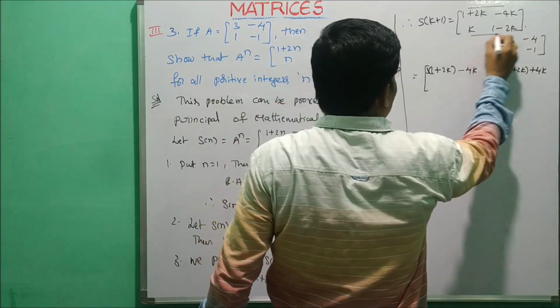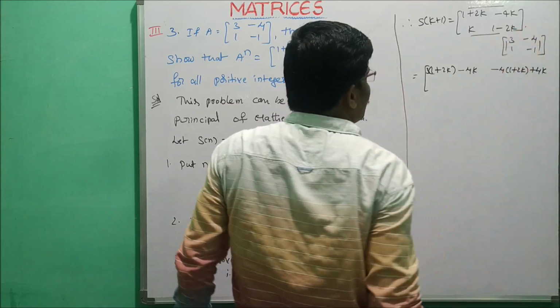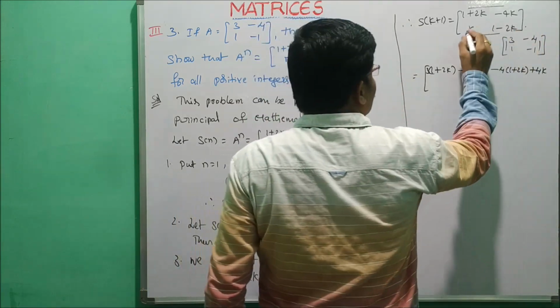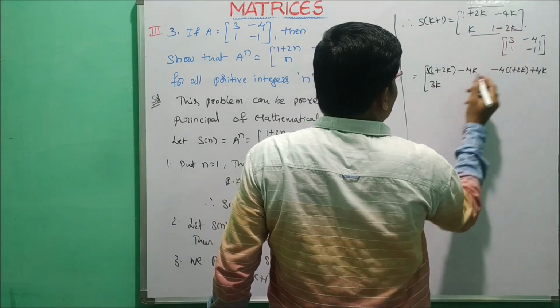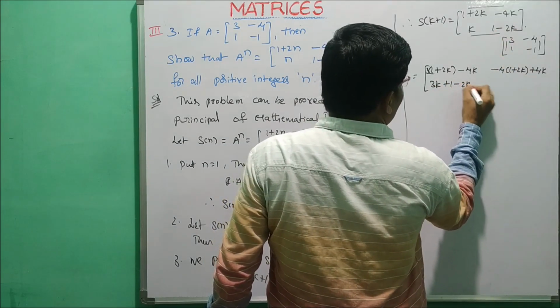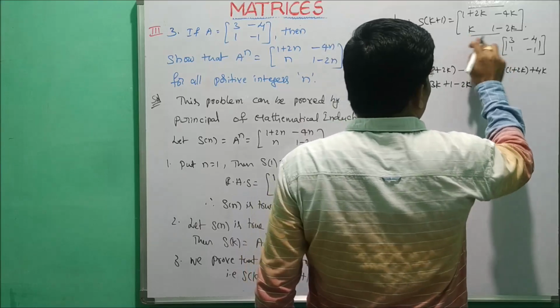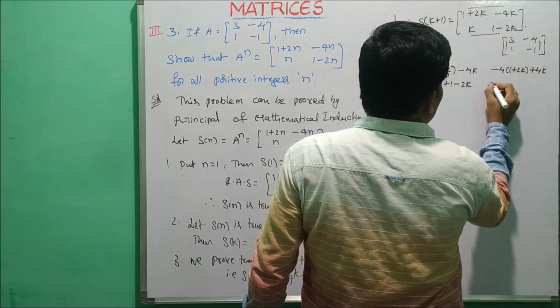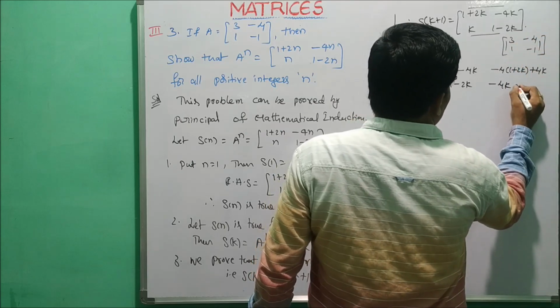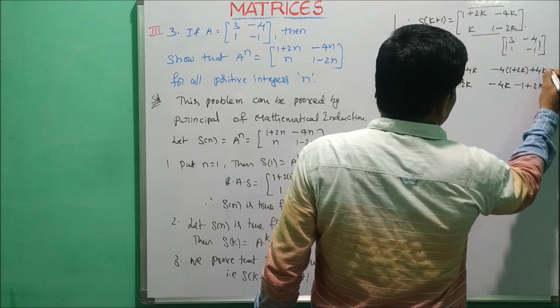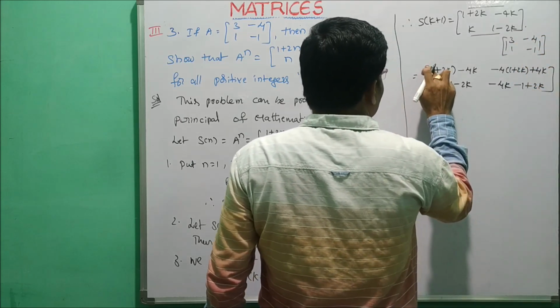Now we take the second row, first column: k into 3, 3k, plus 1 minus 2k into 1. Similarly, second row, second column: k into minus 4, minus 4k, plus 1 minus 2k into minus 1, so minus 1 plus 2k.